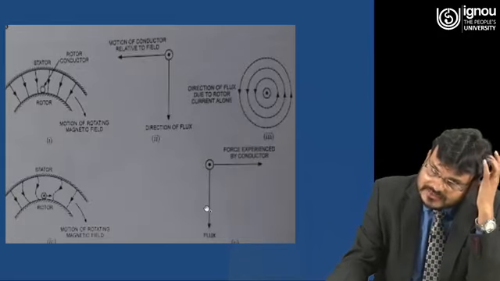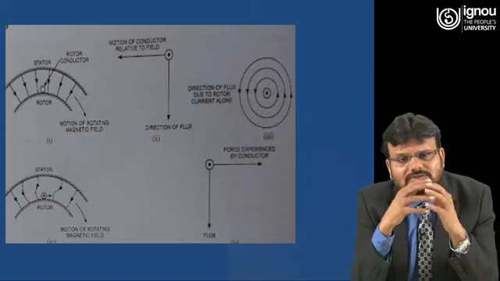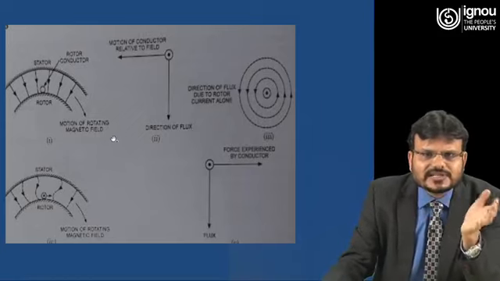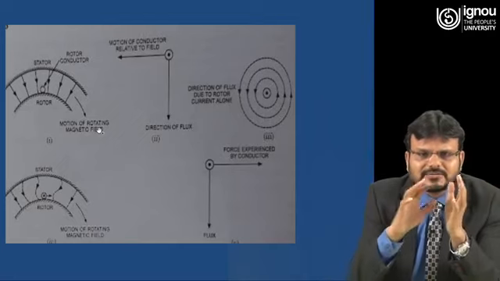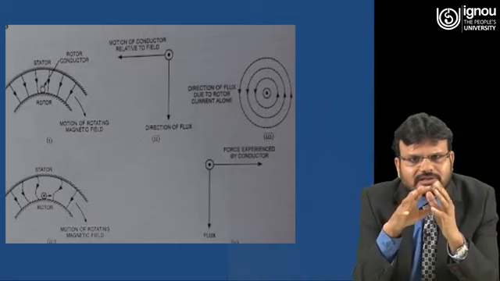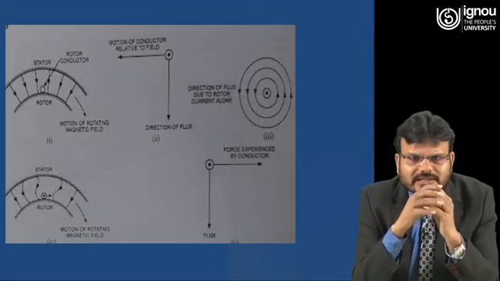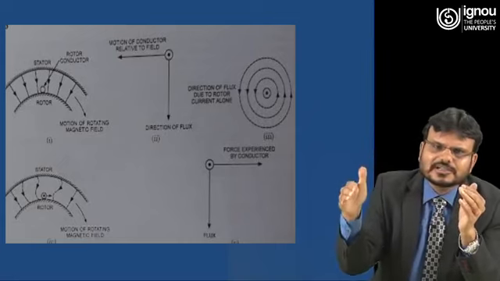Now this diagram is very important to understand how an induction motor works. Basically, we are assuming here that this magnetic field is moving in the clockwise direction, and the conductor is stationary. So in relative terms, you will feel the rotor is moving in the clockwise direction.